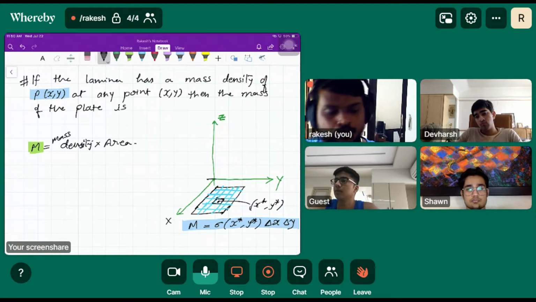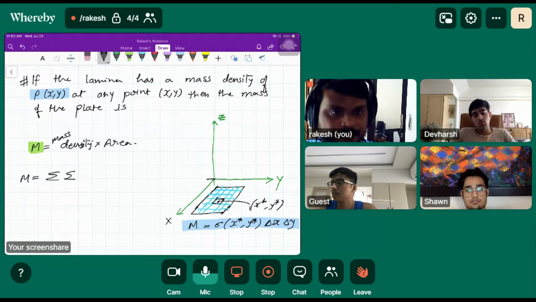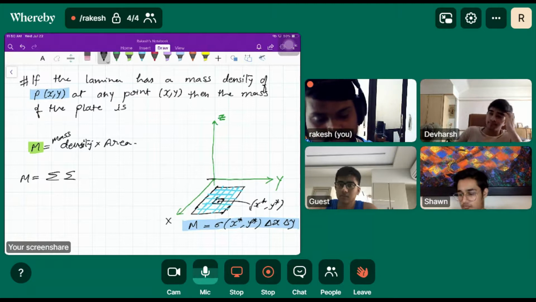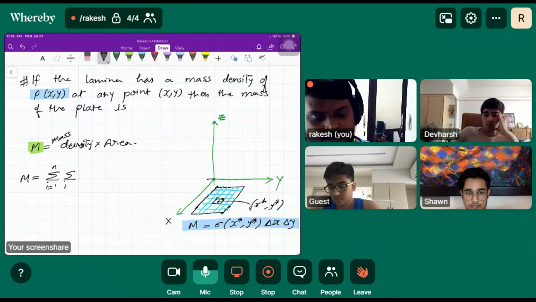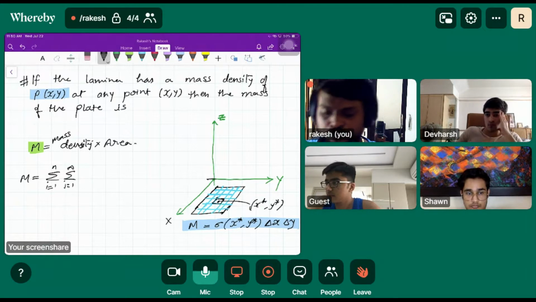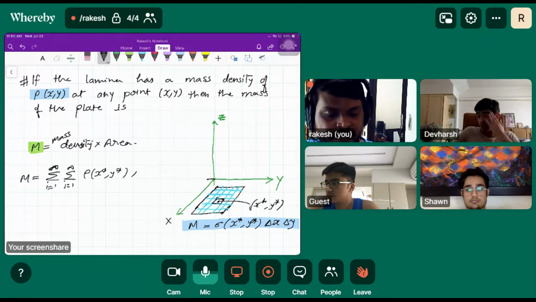The overall mass of the plate can be found by summation, where i is equal to 1 to infinity, j is equal to 1 to infinity, of rho(x*, y*) delta x delta y.